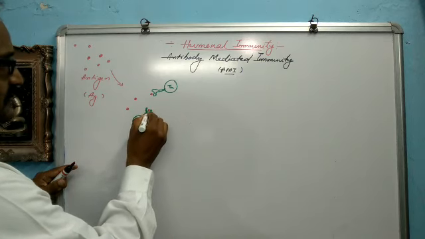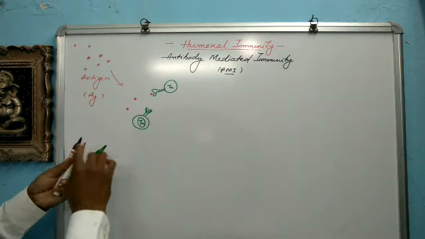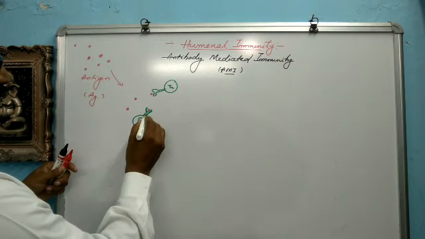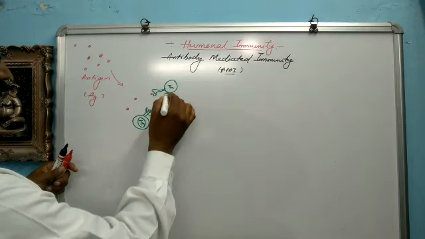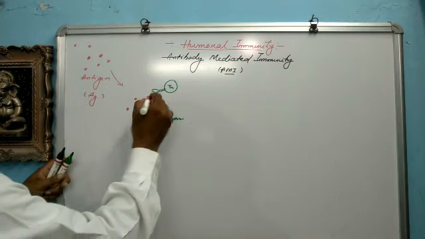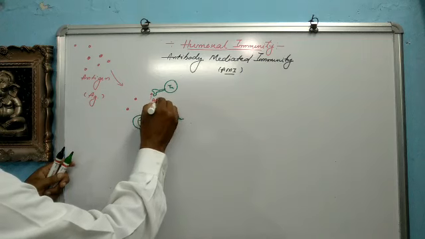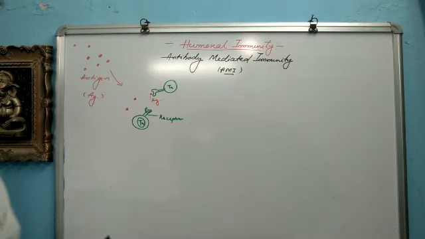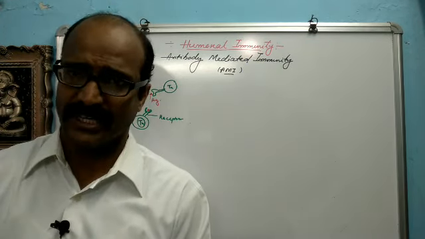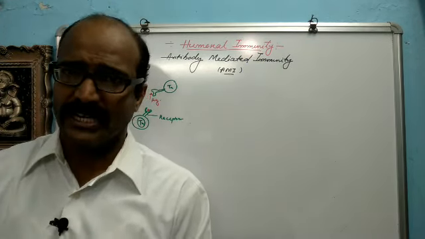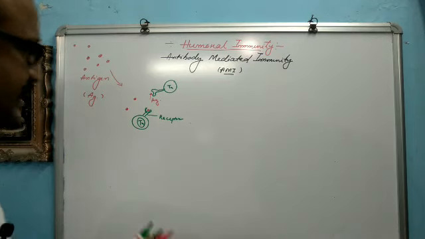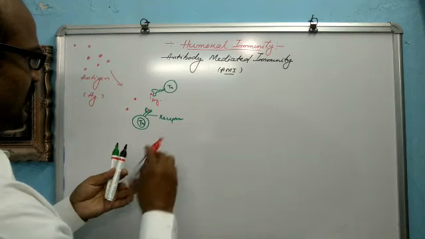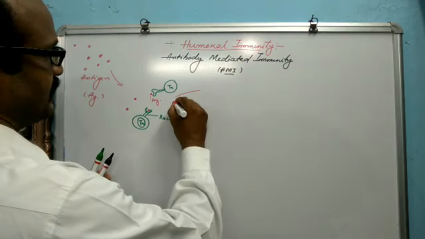So these are the T helper cell and these are the receptors, and these are the antigens. So the antigen is recognized by the T helper cell. After the recognition of the antigen by T helper cells, the T helper cells get activated.